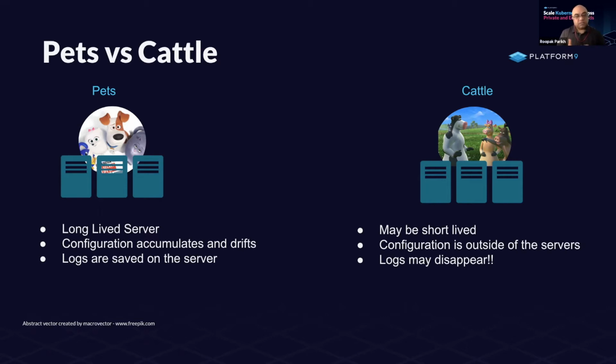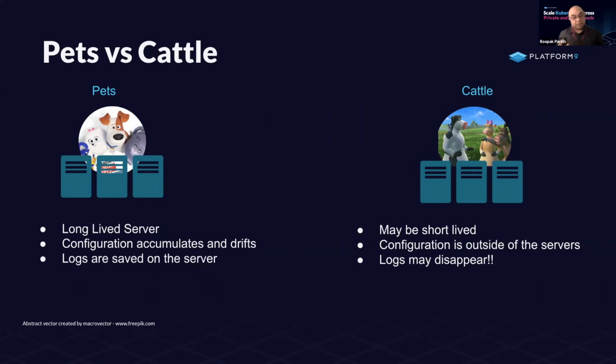But those days are over, and people don't want to have those servers running for a long time. They actually want to treat them as cattle. The servers are mostly stateless now. All the configuration is kept outside so that you can actually take the server down or add more as needed.